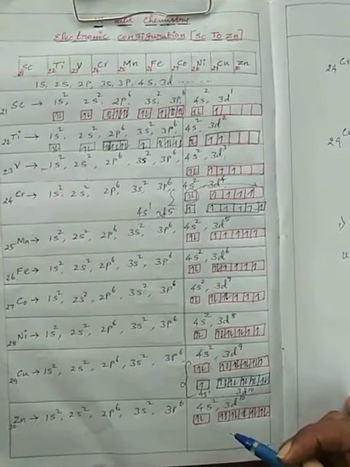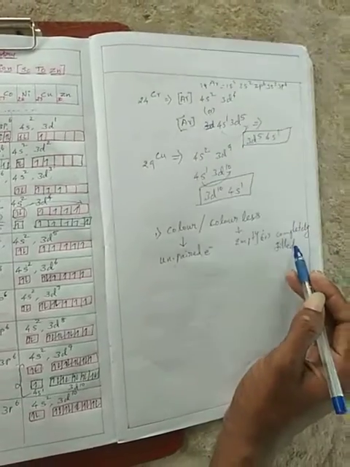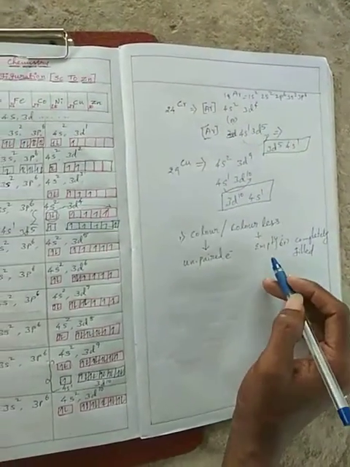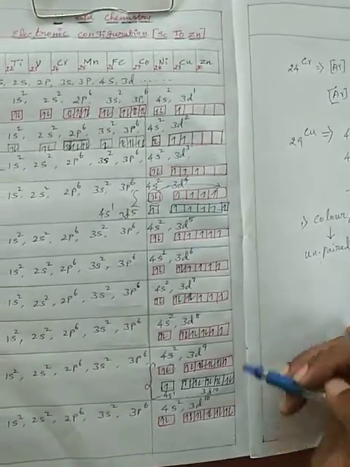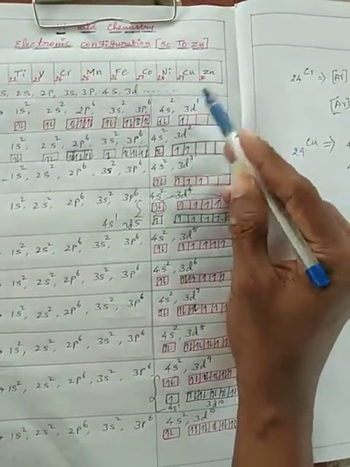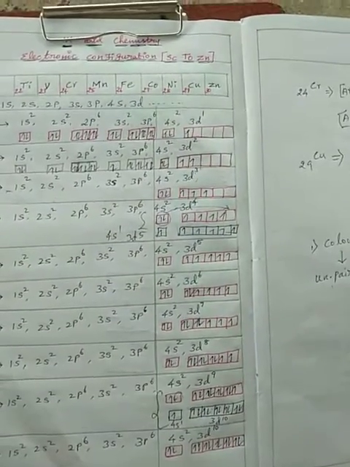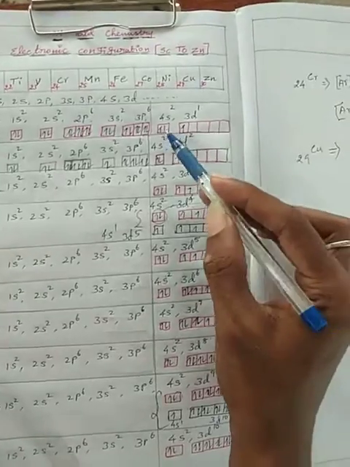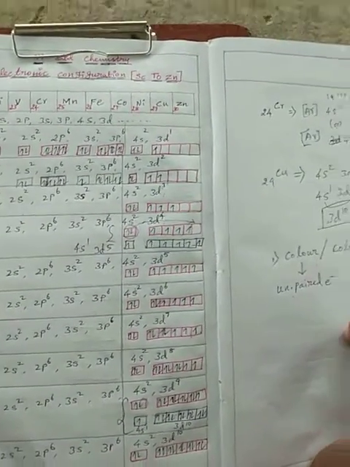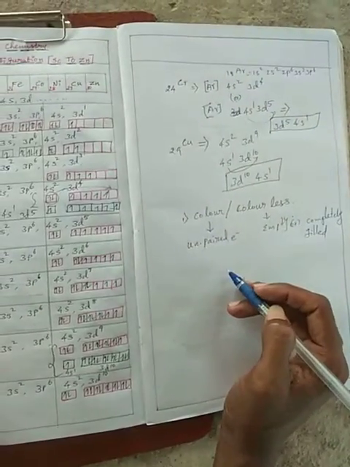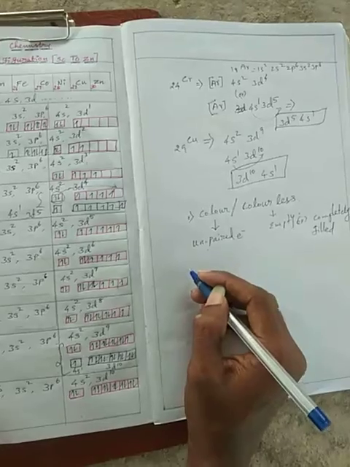Compared to them, zinc is completely filled, so it is colorless. Another possibility: when scandium loses 3 electrons its orbital is empty, so it is colorless. Next class we will discuss color and colorless properties in depth, and next the magnetic properties.